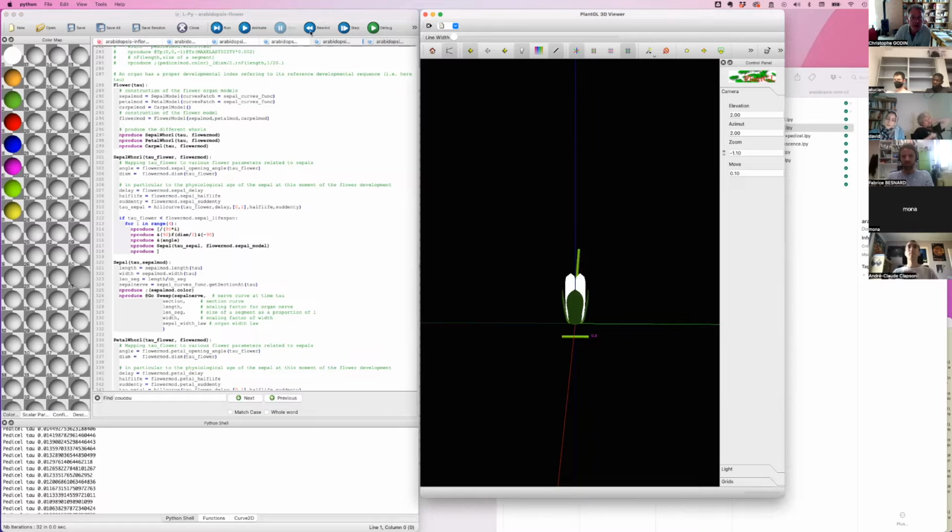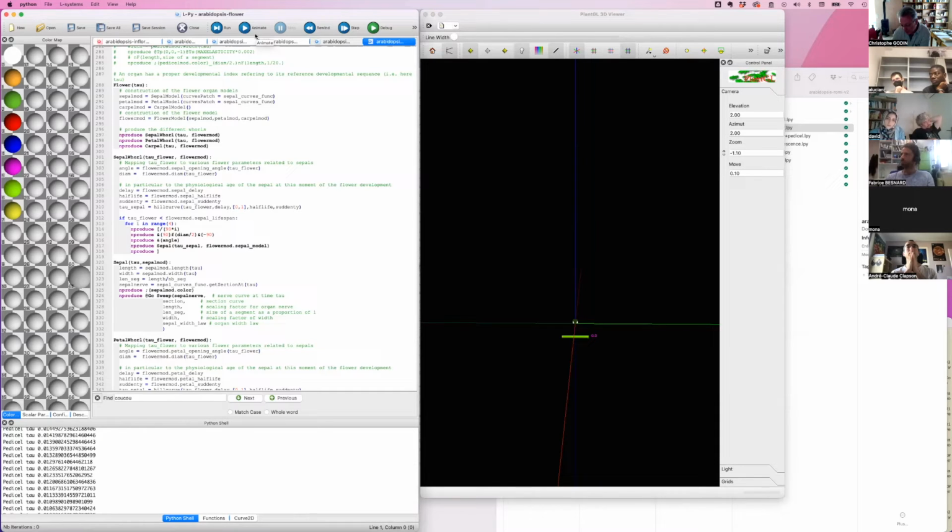So if I want to have, for instance, the moment where the petals are going to get out of the sepals, I need to look at the timestamp, and the timestamp would be this moment, which is 0.2, you see?